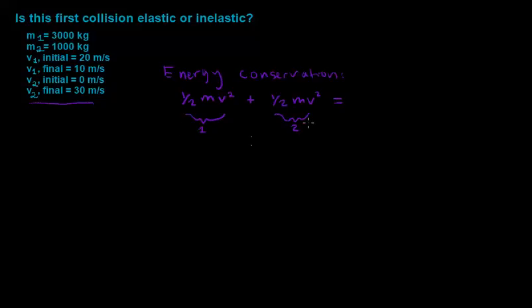This would be the initial state before our collision, and it must be equal to the kinetic energy of our first object again after a velocity change, plus the kinetic energy of the second object after a velocity change, and this would be the state after the collision.